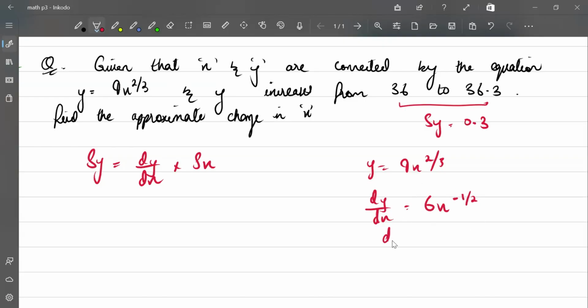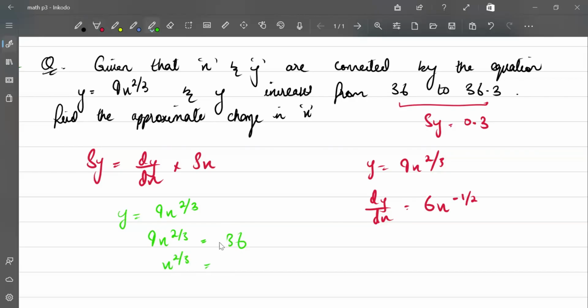We have dy over dx, right? So now we have to play around with this formula to calculate x. y is equal to 9x 2 upon 3. We have the value of y, which is 36. 9x 2 upon 3 is equal to 36.